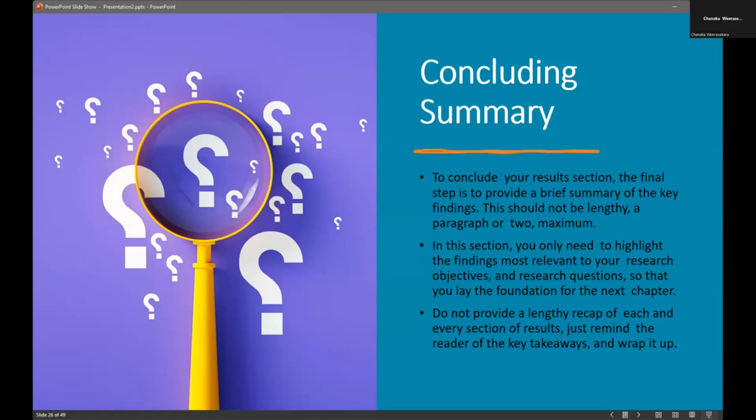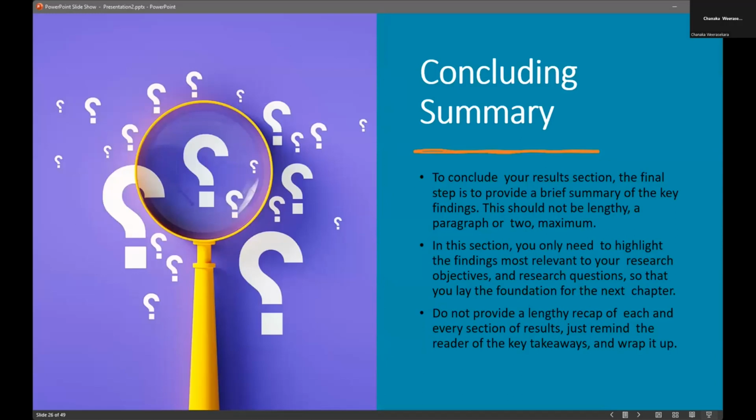So we have to keep it very simple, just to give the reader an impression of the key findings, or whatever the key idea of the chapter is, right?